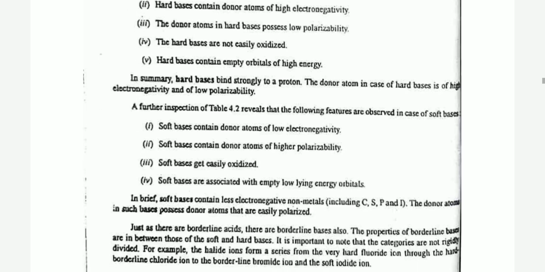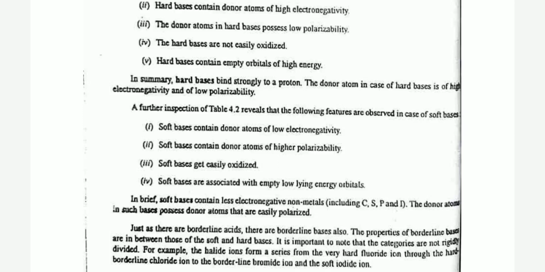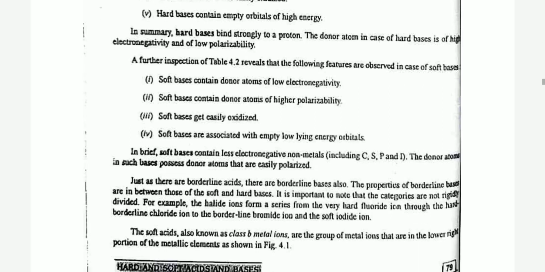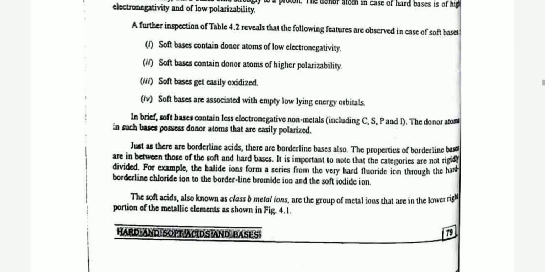A further inspection of Table 4.2 reveals that the following features are observed in soft bases. First, soft bases contain donor atoms of low electronegativity. Second, soft bases contain donor atoms of higher polarizability. Third, soft bases get easily oxidized.